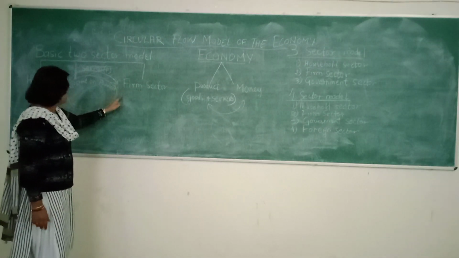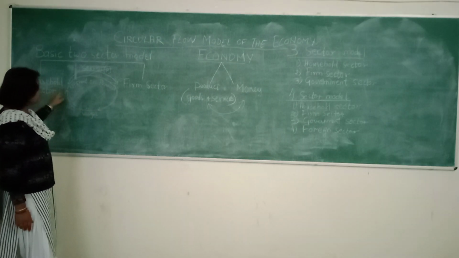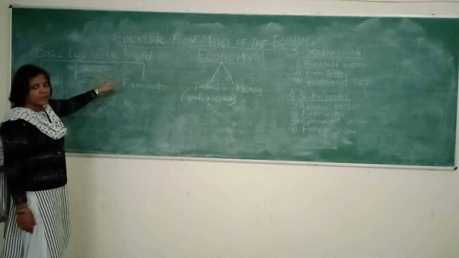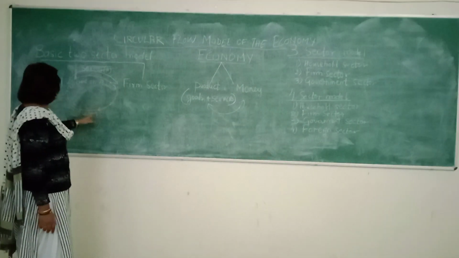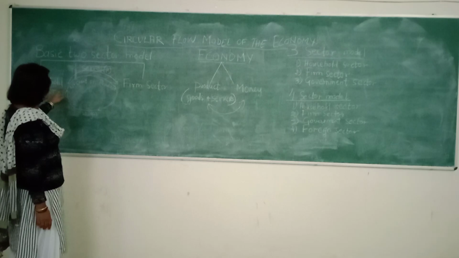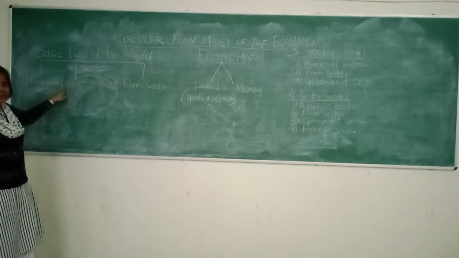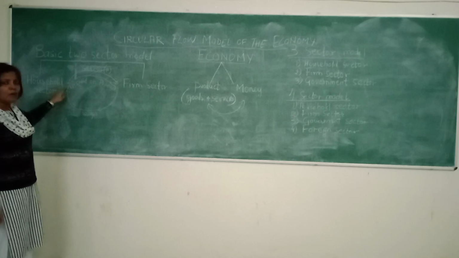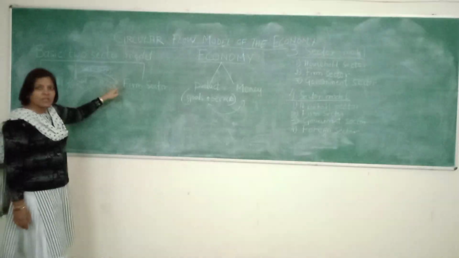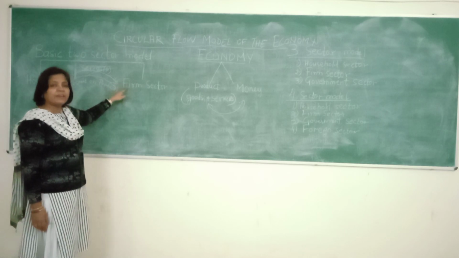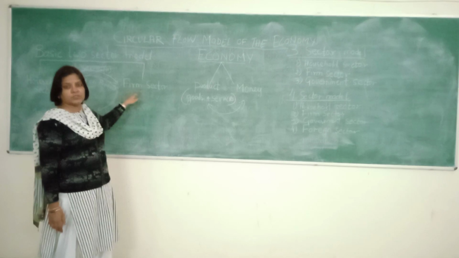And here we see wages return to the household sector. So the product is given to the firm sector, and from the firm sector wages are given to the household sector. And these very same wages are used by the household sector to buy those very products or services that are manufactured, distributed or rendered by the firm sector.